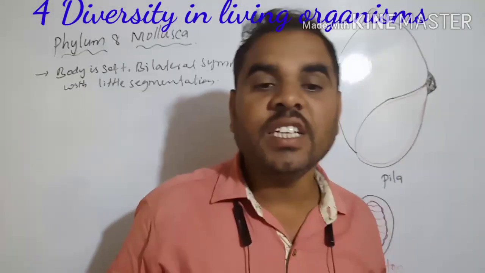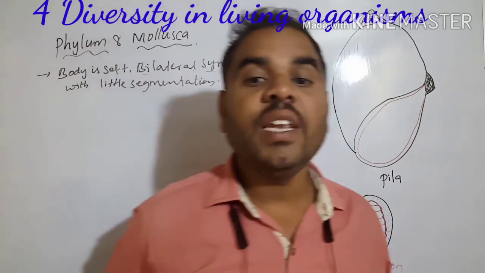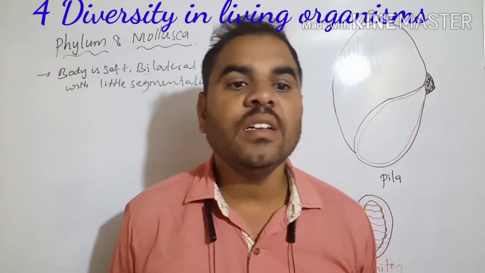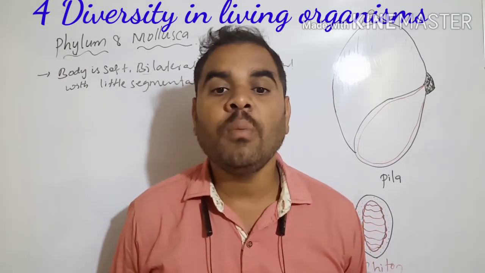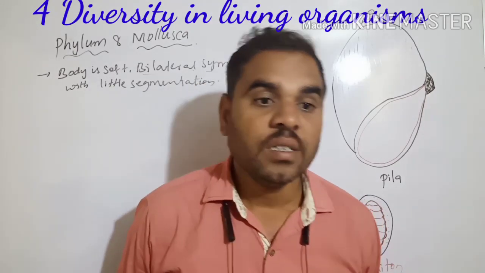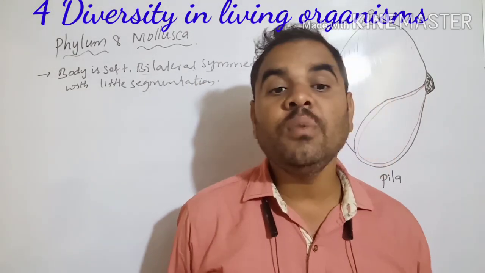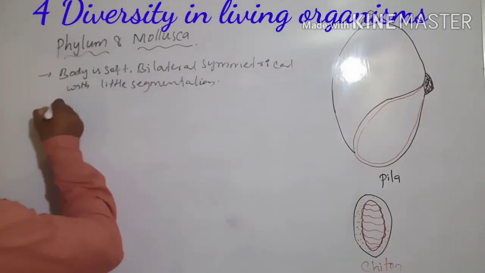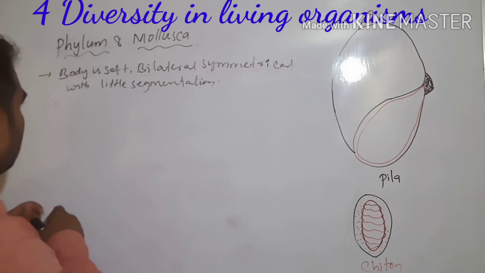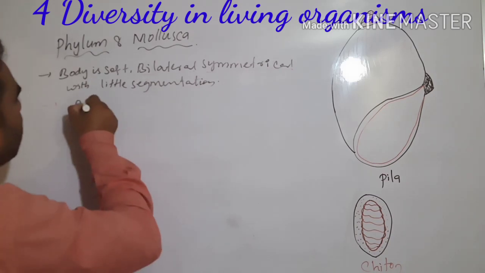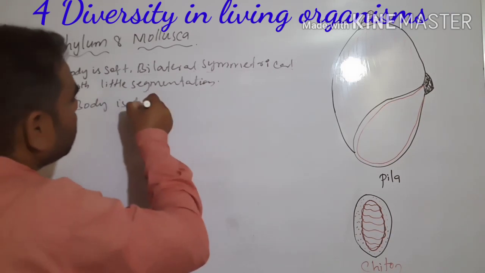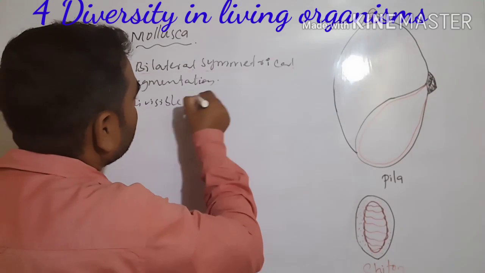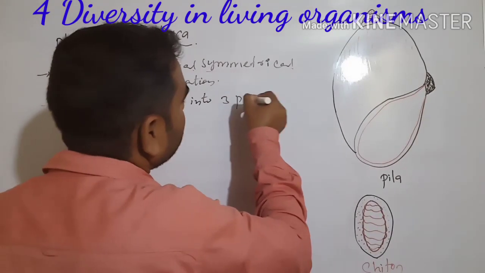Next, with appendages, the size of the body varies from microscopic forms up to the octopus, which reaches about 50 feet. Next, the body is divisible into three parts.